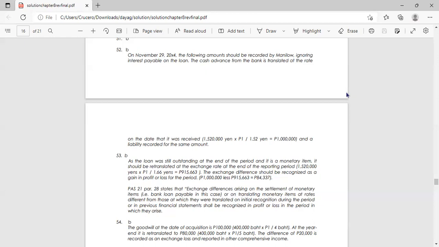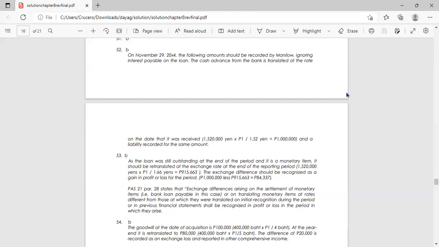84,337 gain. The loan was still outstanding at the end of the period, that's at the end of 20x4, and it's a monetary item, a loan payable. It should be translated at the exchange rate at the end of the reporting period. So 1,520,000 times 1 divided by 1.66 yen, so 915,663.